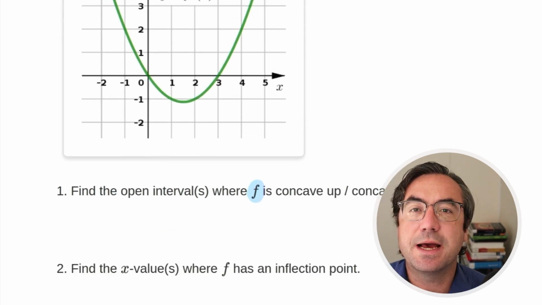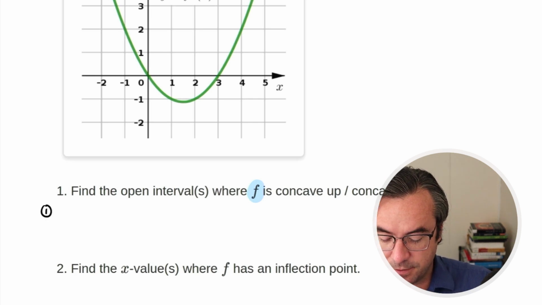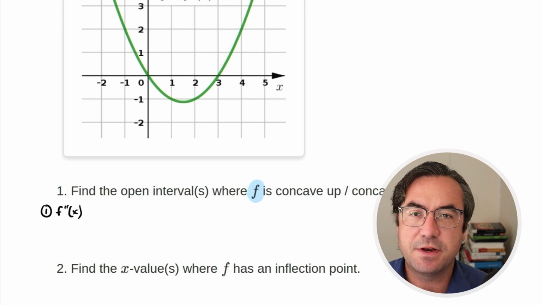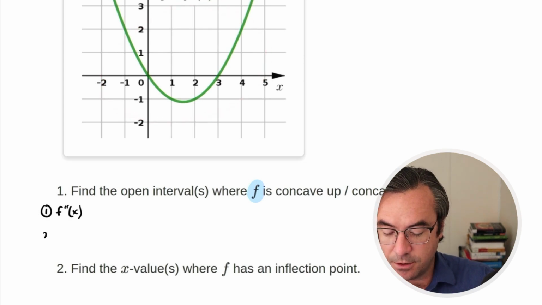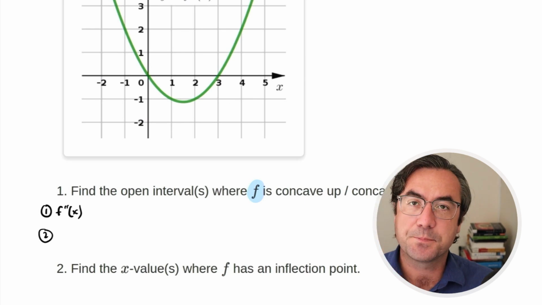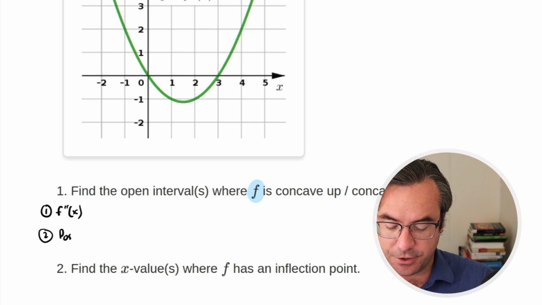So let's review the steps. What do we normally do when we're trying to find the intervals of concavity? Well, the first step is we calculate our formula for f double prime. Now, we don't have any formulas here, but we are given the graph, so that's actually enough information. Then we want to look for the possible inflection numbers. So that was our usual second step.